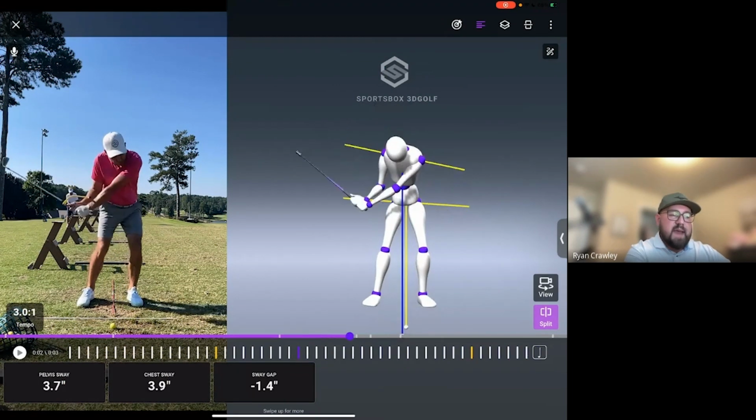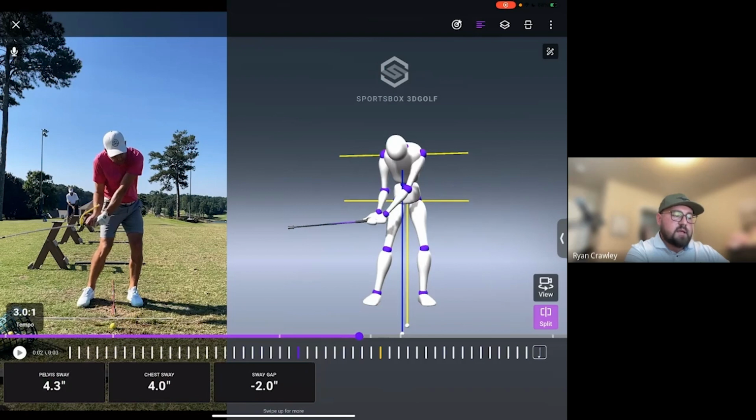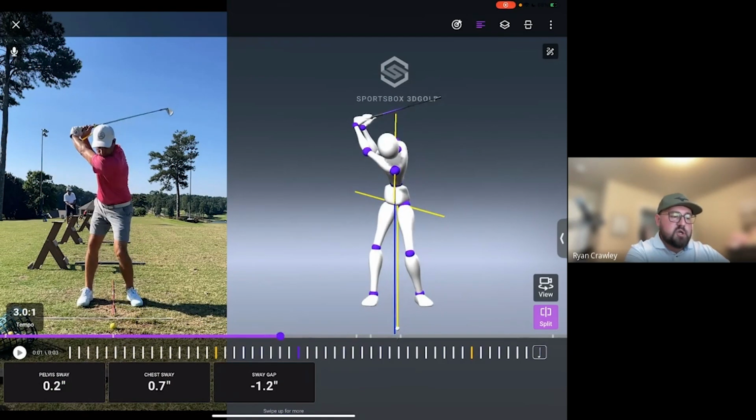When we get his path to be a little bit more inside, he starts to release the club a little bit earlier, and you'd see that in his first video. So we've been gradually making these changes over the last 6 months, let's say, and in that time he's been able to lower his handicap by a good 6, 7 strokes.